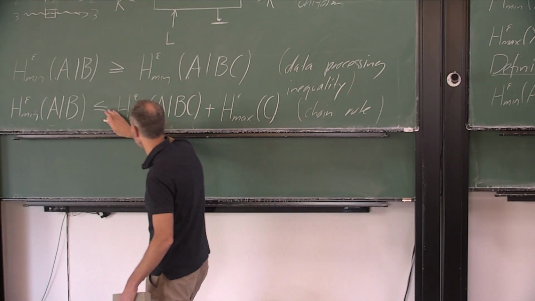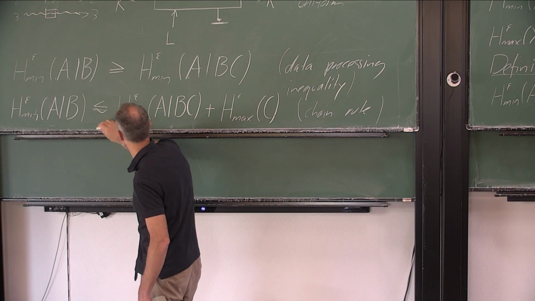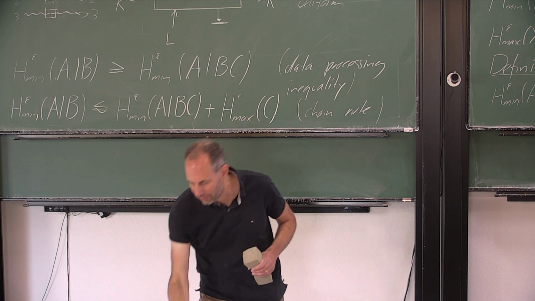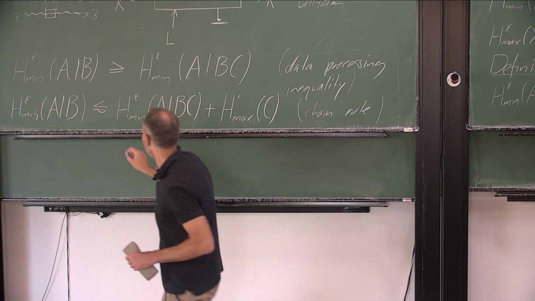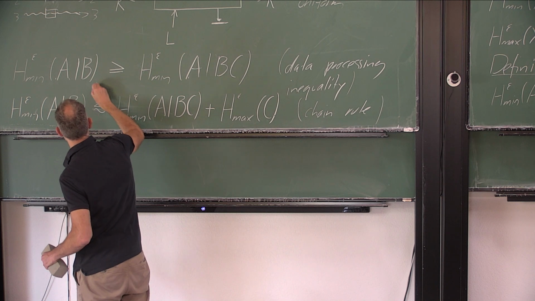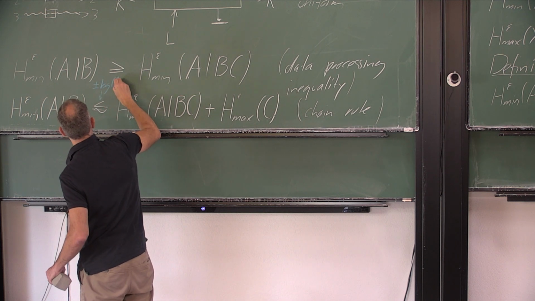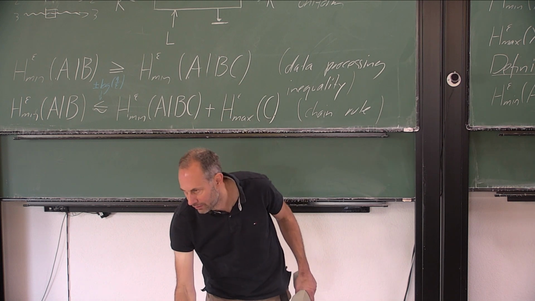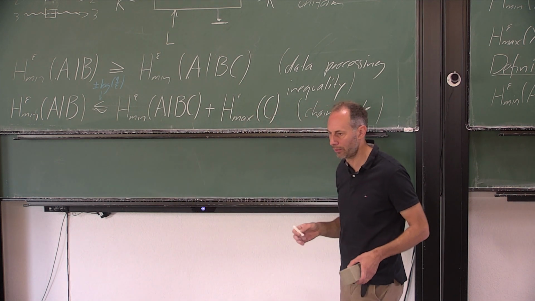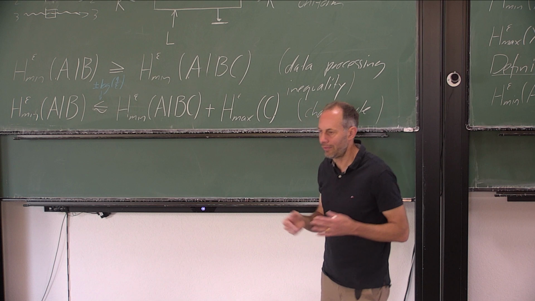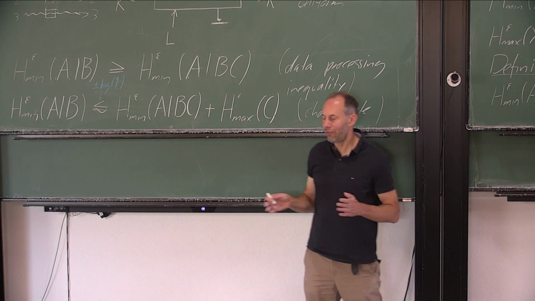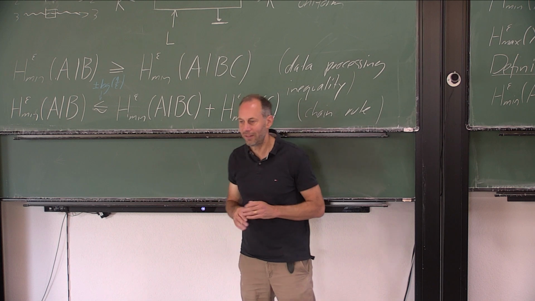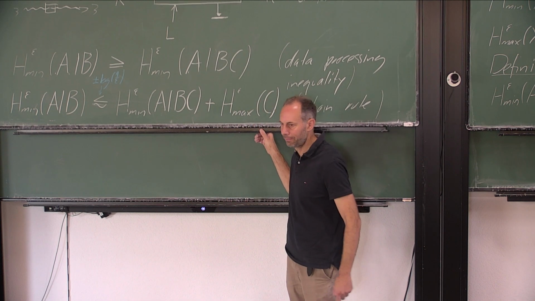So here, in the following, I will write such a sign more precisely, and what it means, just for the experts, is that the equation holds up to additive terms of log 1 over epsilon, which is usually negligible in security proofs, because epsilon is something like, as we say, 10 to the minus 8. So this is just a number like 40, and you're dealing with keys that are 10 to the 8 bits long, so this can be completely neglected.